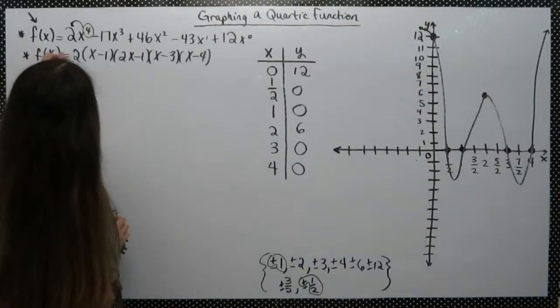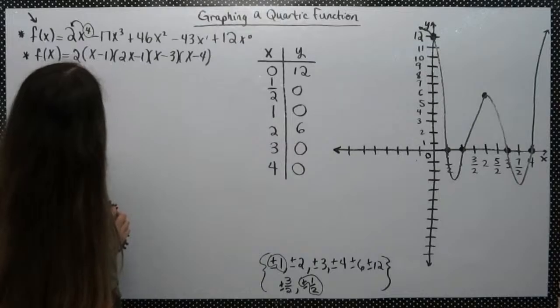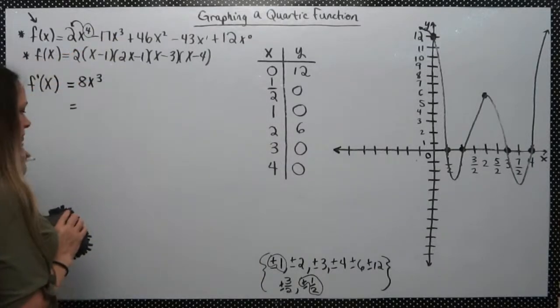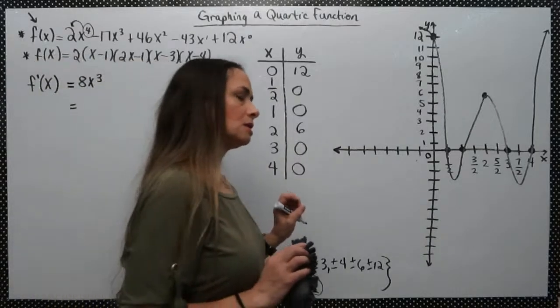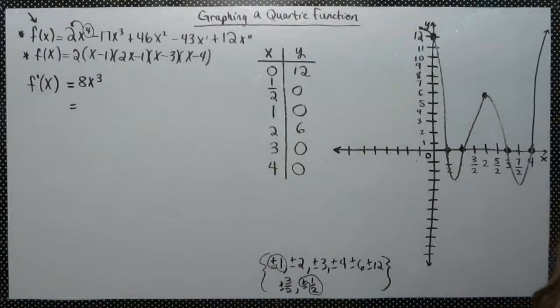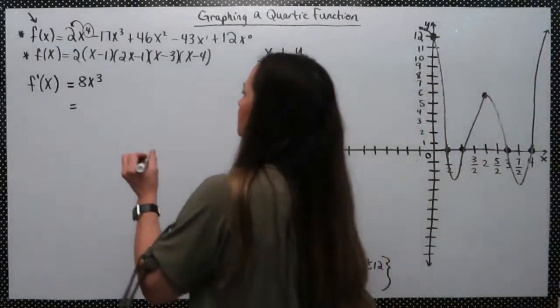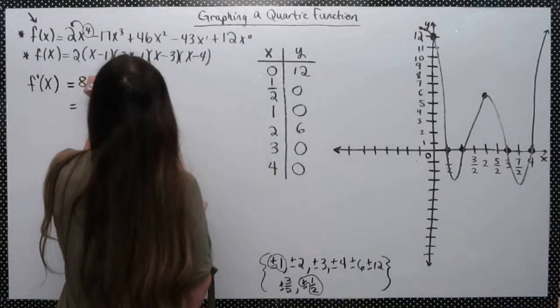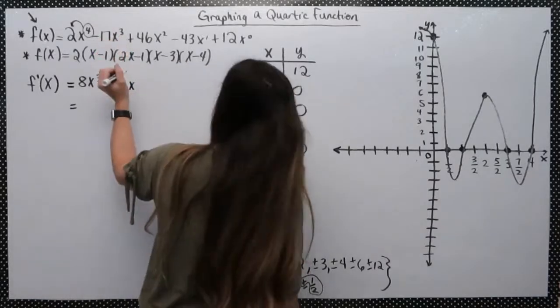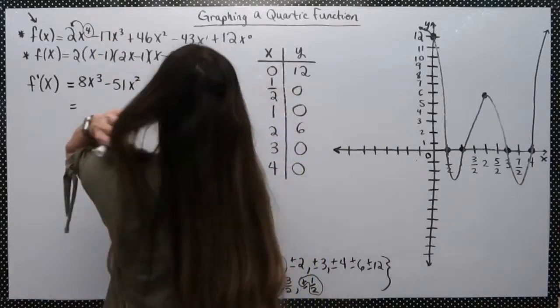All right, so let's see how fast we can do this. This is going to be 2 times 4 is 8, x, 4 minus 1 is 3. And then 17 times 3, what is that? 17 times 3, yeah, 51. I was off. So minus 51x squared.